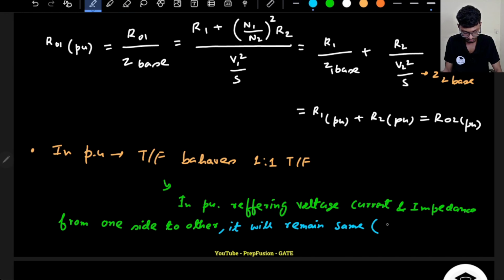Turns ratio becomes 1:1. So 1:1 whole square is 1 only, so it will not change anything. So turns ratio is 1:1 in per unit only. So this will be used hugely in power systems. We will actually solve many questions in power systems using this per unit value concept.